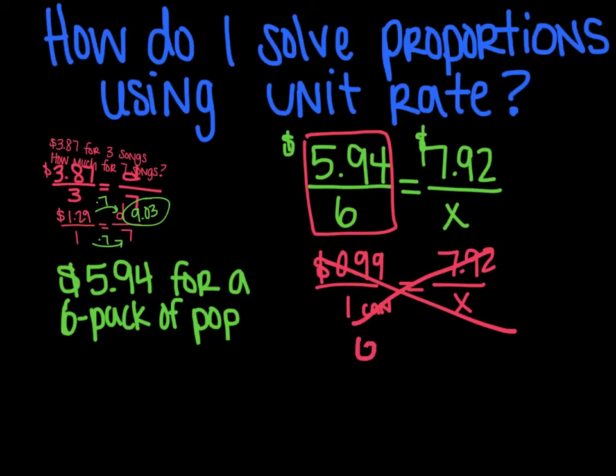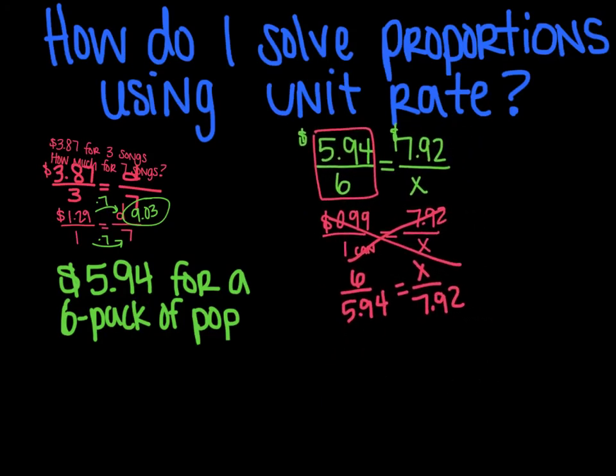So if I take 6 over 5.94 equals X over 7.92, that becomes my new problem. And then I can solve for what $1 is. So 6 divided by 5.94 is going to give me 1.01 over 1, so I'm solving for $1.